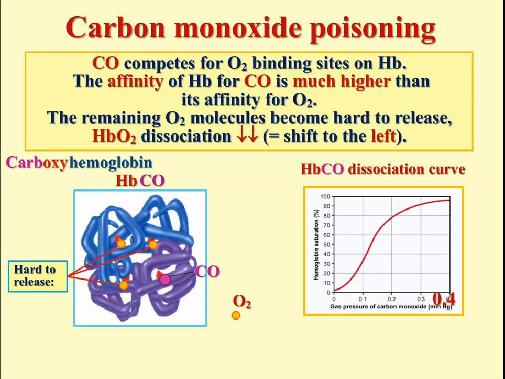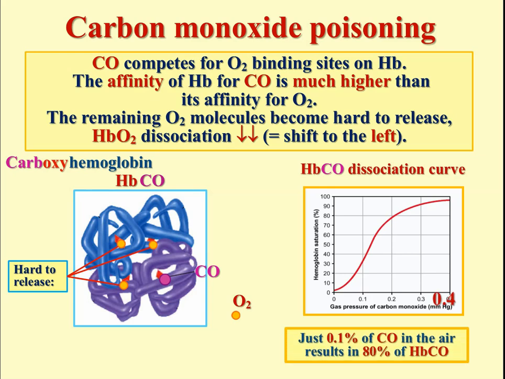So you may understand that a little amount of CO in the inhaled air is enough to produce serious poisoning. Just 0.1% of carbon monoxide in the air brings about 80% of hemoglobin to the CO-bound form already. So it's severe hypoxia, because the remaining 20% will not be enough to deliver oxygen to the body.